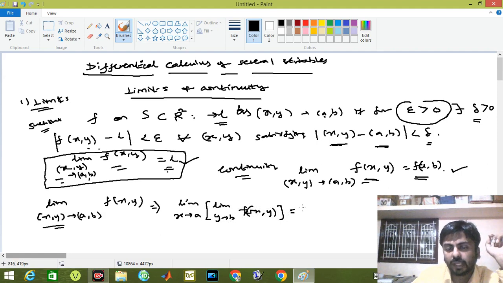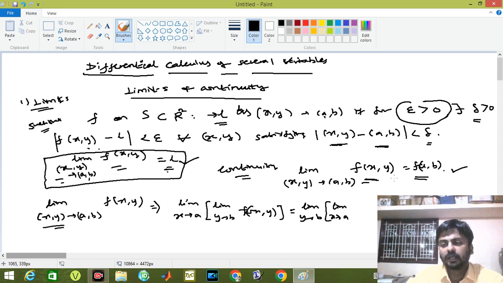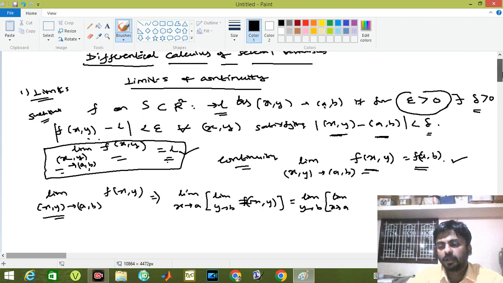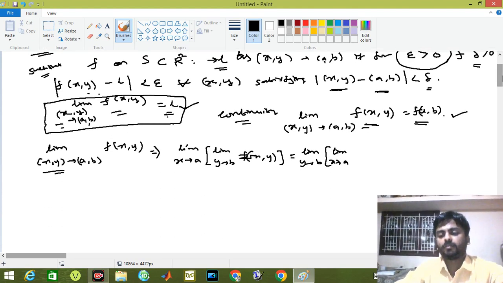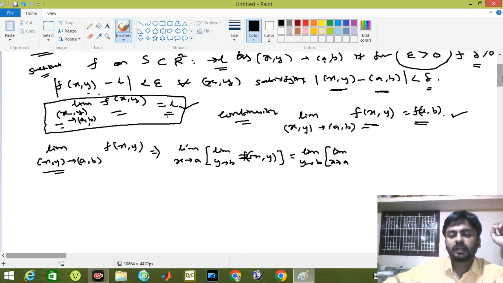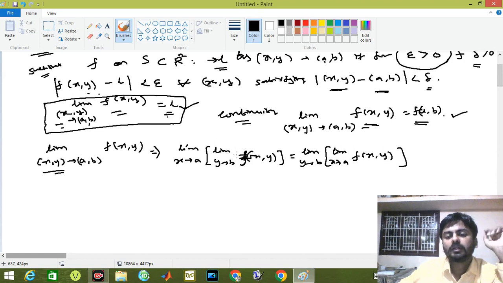This may be again equal to limit y tends to b, and after that limit x tends to a, of f(x, y). These kinds of things are called repeated limits.